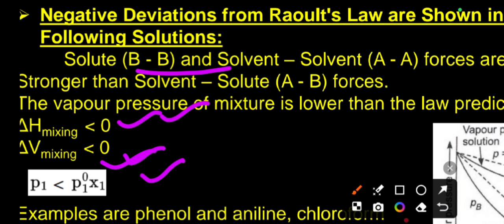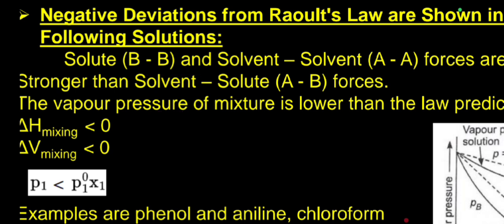Volume will decrease if there are strong forces of attraction. Then a strong bond will form, and it will not evaporate. If it will not evaporate, then volume will decrease, and definitely the partial pressure will also decrease. So you have learned three differences here.